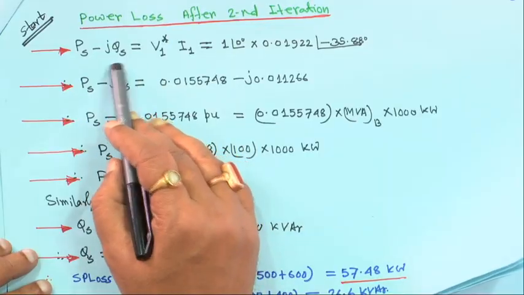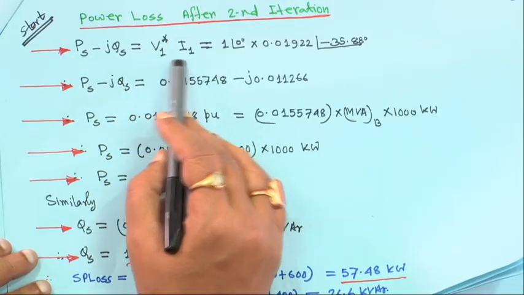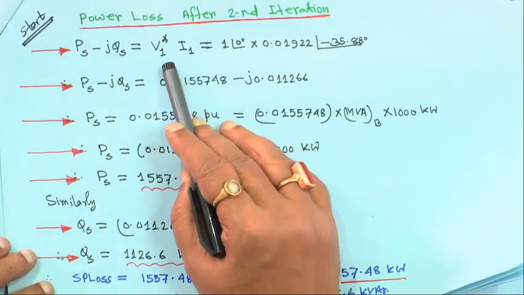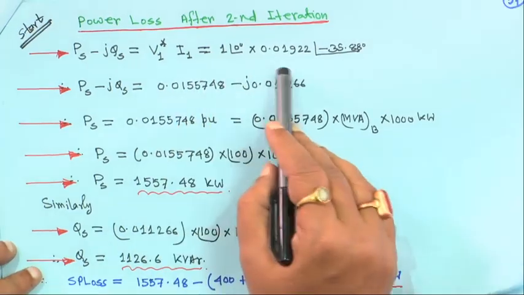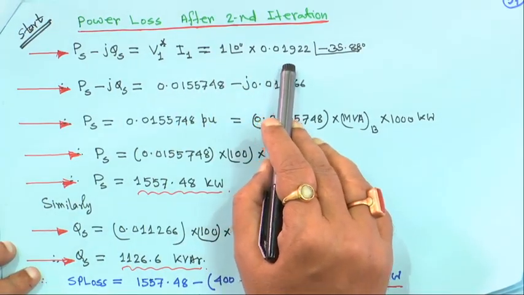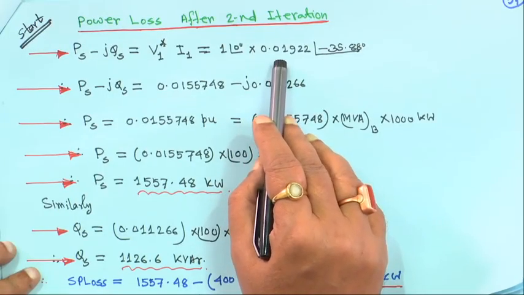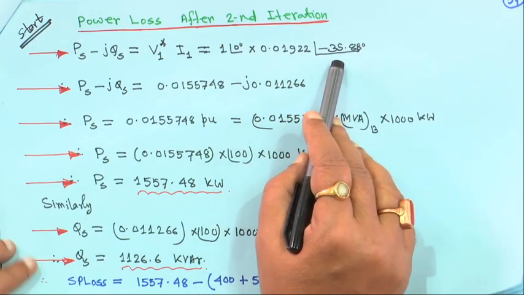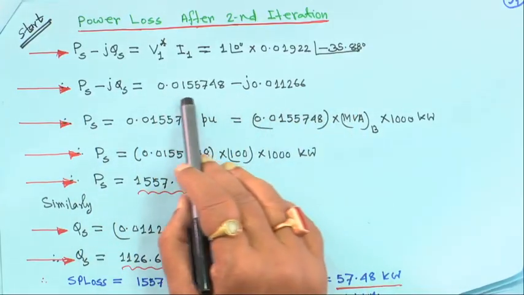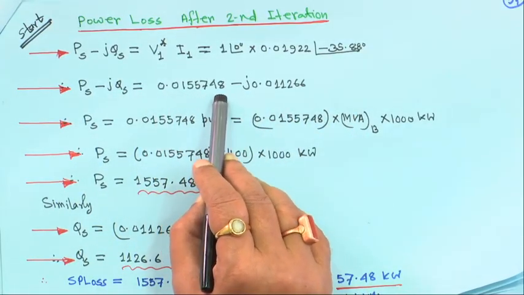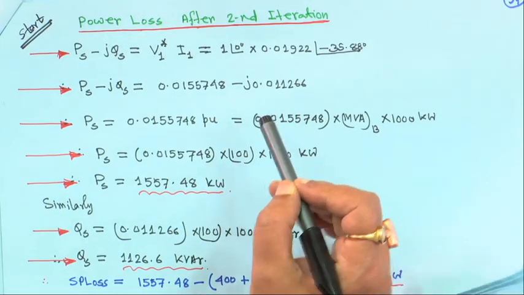Here also we are writing PS minus jQS is equal to V1 conjugate I1. I told you V1 is 1 angle 0, and this I1, after the second iteration, we have seen is 0.01922 angle minus 35.8 degrees. That means PS minus jQS is equal to 0.0155748, I have taken up to 6-7 decimal places for more accuracy.